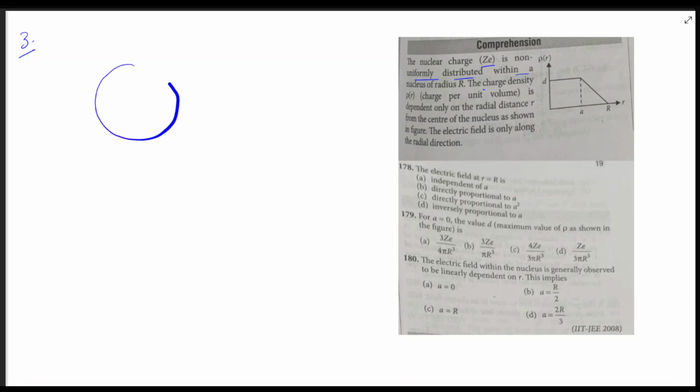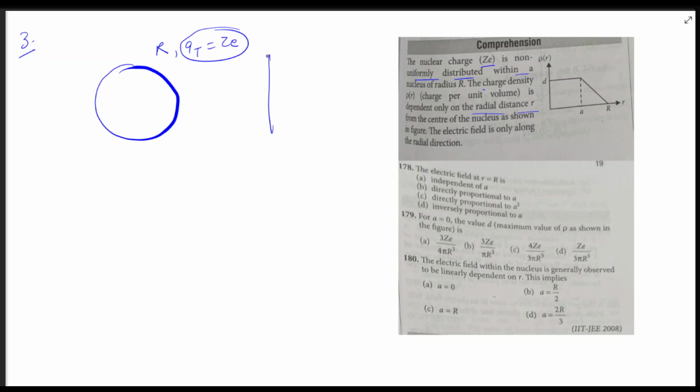So we have this nucleus, it has a radius r, and total charge is ZE. The charge density is dependent only on radial distance r from the center as shown in this figure.